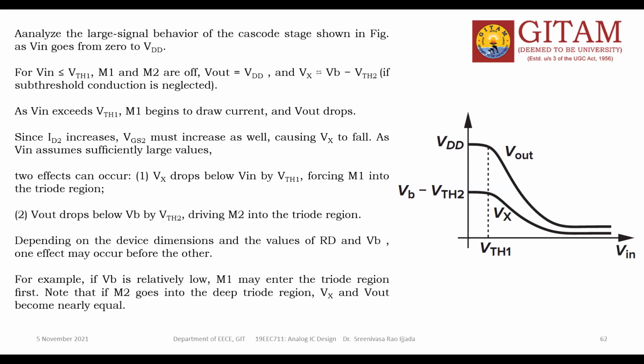Then, as the input voltage Vin increases to a large extent, my transistors are pushed into the triode region instead of staying in saturation. It is very simple to understand the region of operation of a device: check the drain potential against the overdrive potential. If the first condition, saturation; if the second condition, triode region.